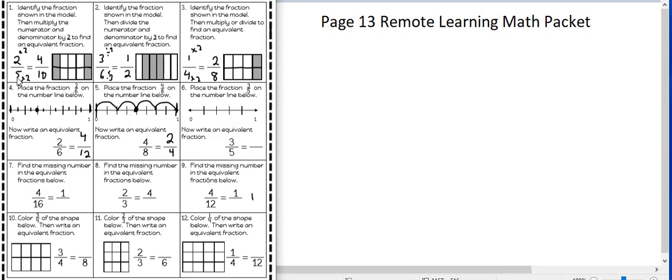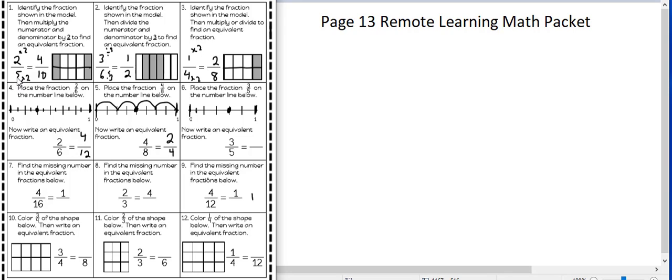Number 6, place the fraction 3/5 on the number line below. Again, I'll make those marks so it makes more sense, at least in my head. 1, 2, 3, 4, 5, okay. And we need to go to 3/5. So 1, 2, 3. All right, write an equivalent fraction.